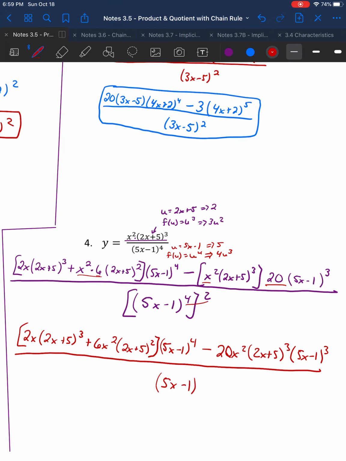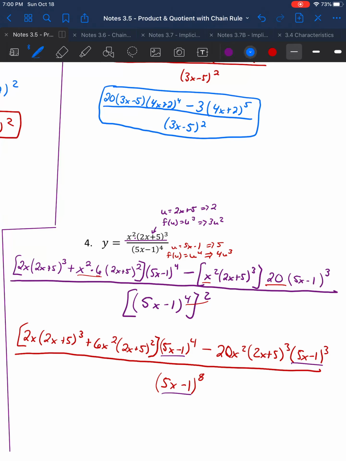I guess I can put these two things together, makes it look a little nicer. 20x squared, and I got 2x plus 5 cubed, 5x minus 1 cubed, all over 5x minus 1 to the 8th.